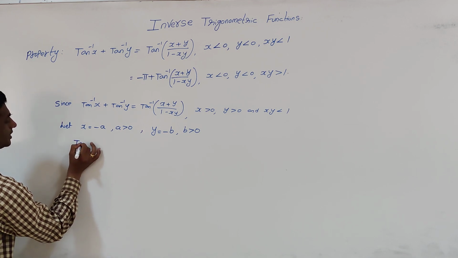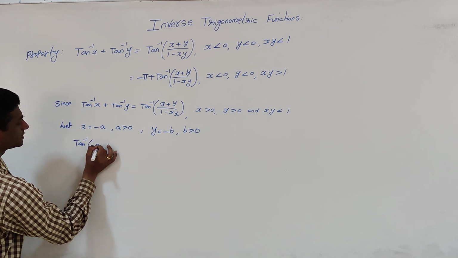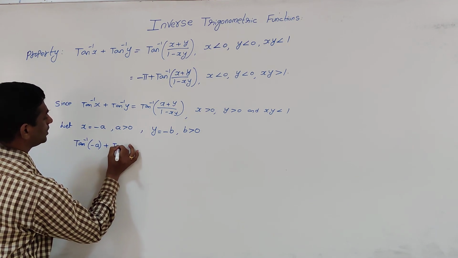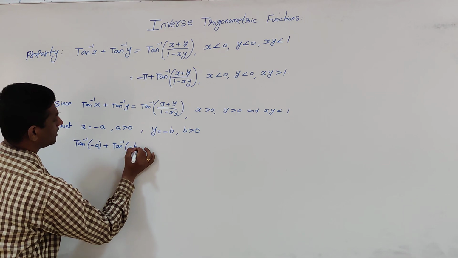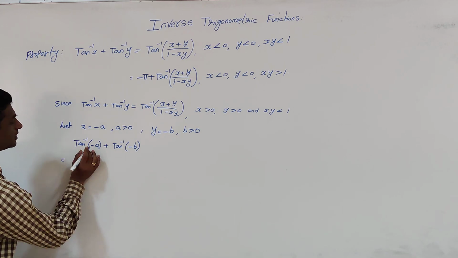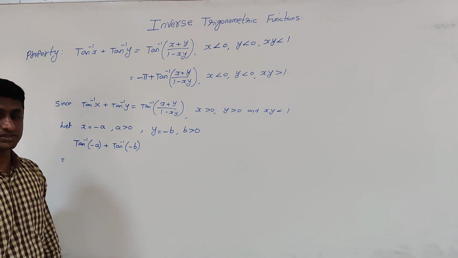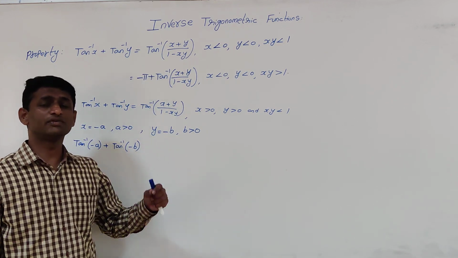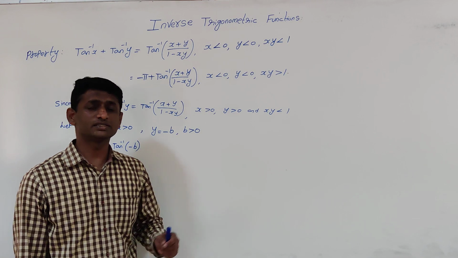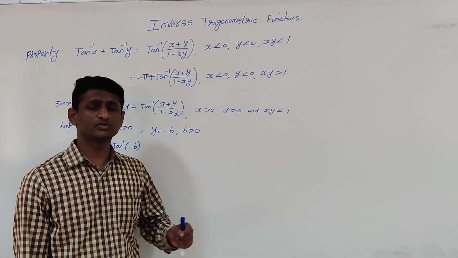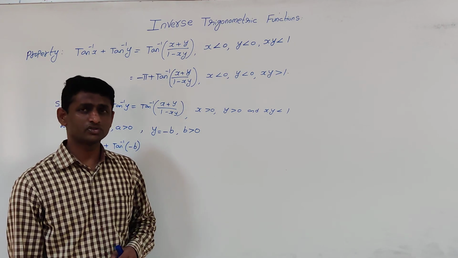Now, tan inverse of minus a plus tan inverse of minus b. What happens? In the previous session, we discussed sin inverse of minus x, cos inverse of minus x, tan inverse of minus x, cot inverse of minus x, secant inverse of minus x, and cosecant inverse of minus x.